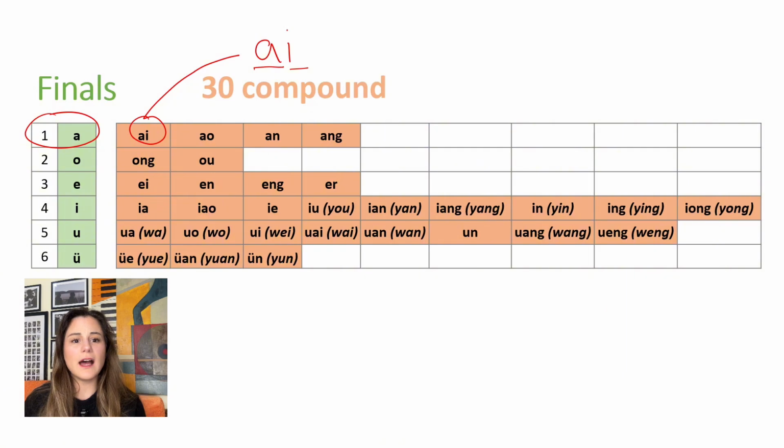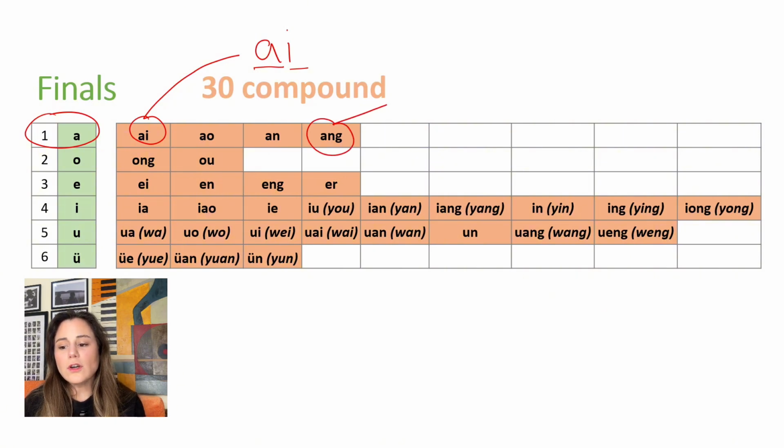So we stress the a sound in the ai sound. We do the same thing with ao. It's not ao with emphasis on the o. We emphasize the a sound. Ao, an.